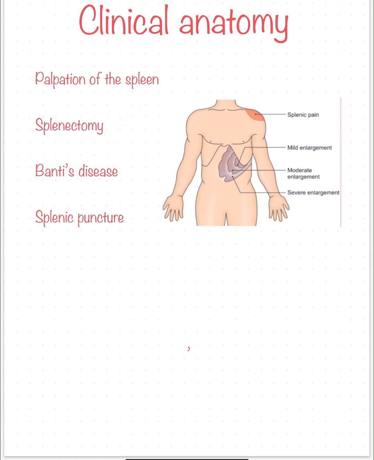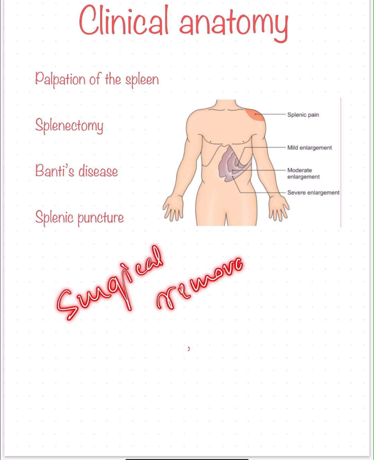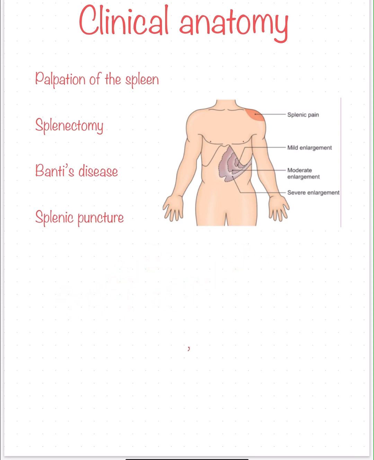What do you mean by splenectomy? Surgical removal of spleen is nothing but splenectomy, right? During this, the surgeons may cut or damage the tail of pancreas because it is present in the hilum, right? So this has to be carefully avoided.